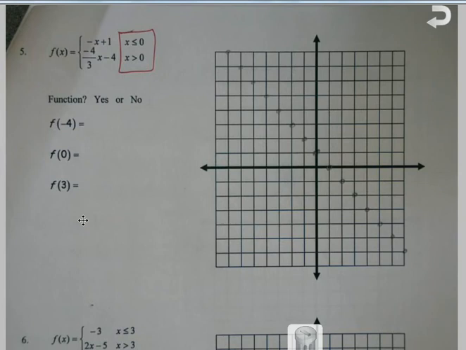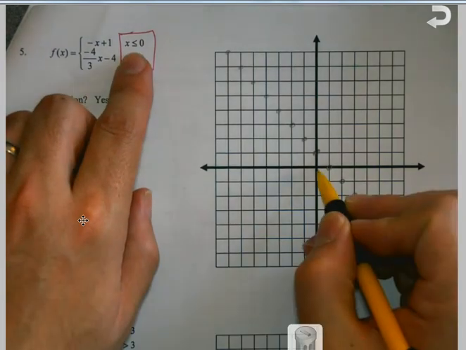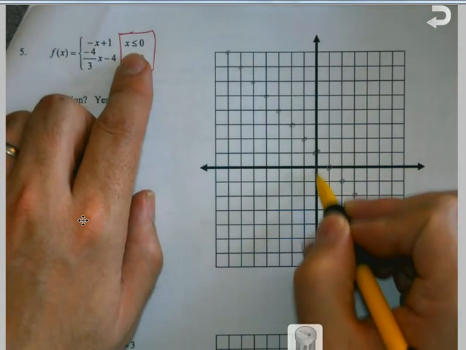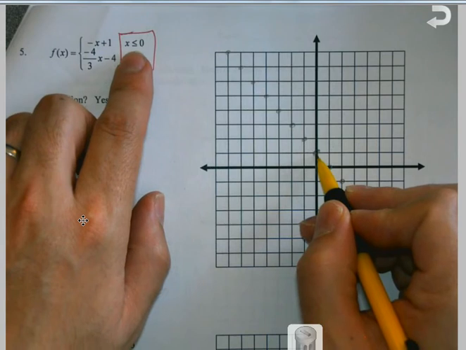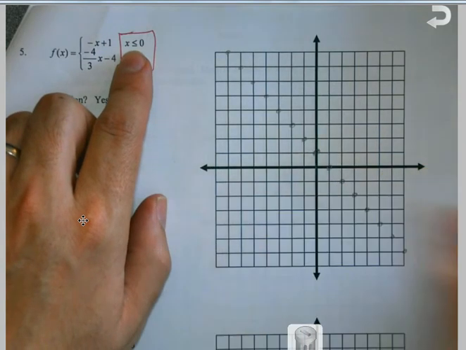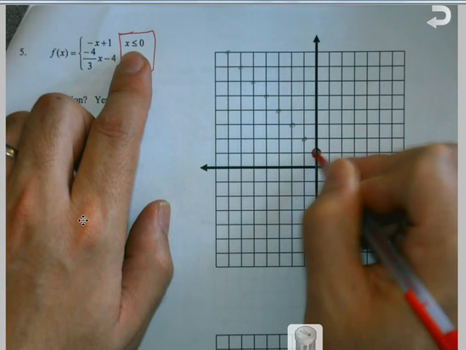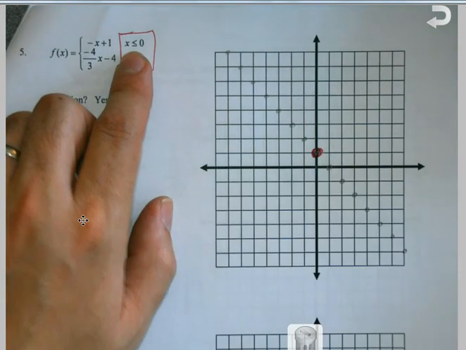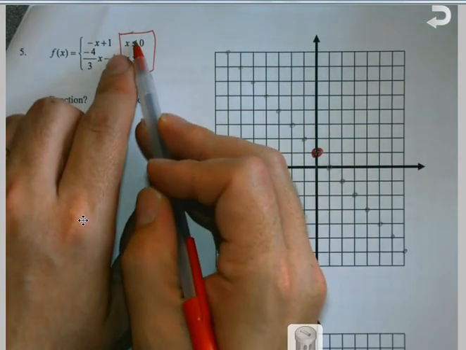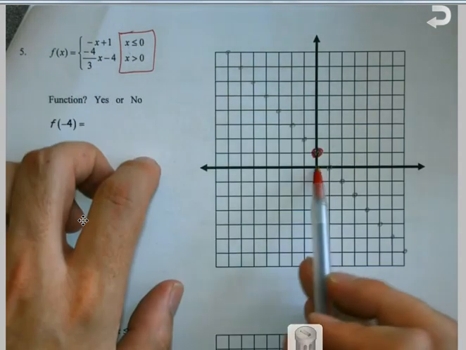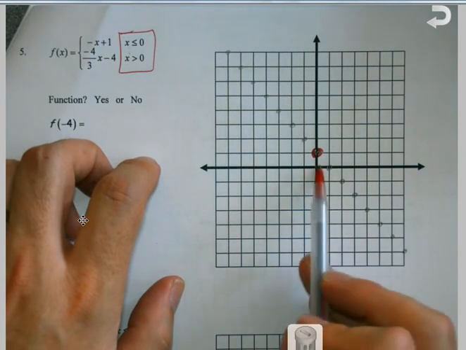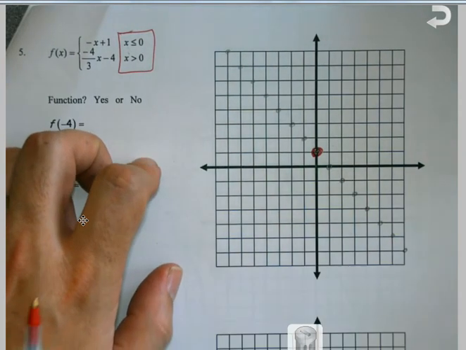Well, let's see. So at 0, here's my x value of 0. So there's my dot. It says or equal to. So let's make that nice and filled in. x is less than or equal to 0. On which side of my dot are my x values getting less?